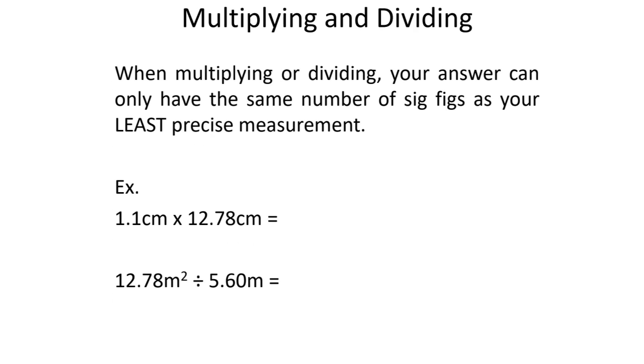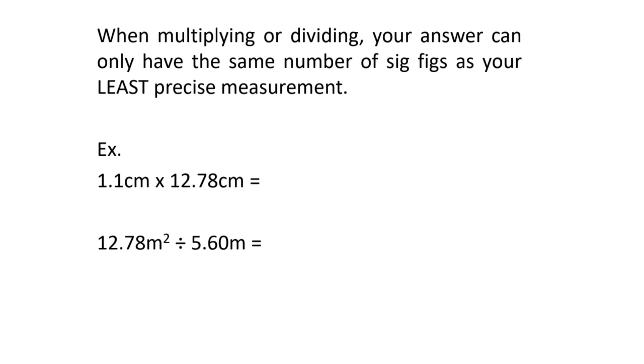So if we look at the first one, okay, we got 1.1 centimeters. Well, there are 2 sig figs here. And then this one, we're multiplying it by 12.78 centimeters, but there's 4 sig figs here. So your answer is only going to have 2 sig figs. Now, when you put this into the calculator, you're going to get a bigger number.